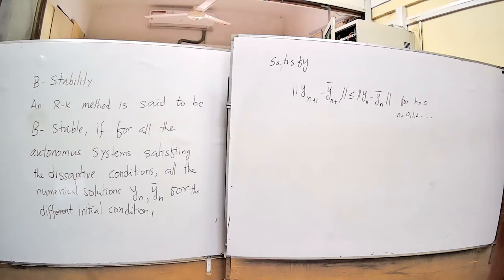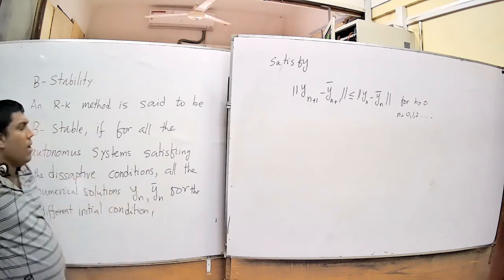When you apply the Runge-Kutta method, you will get two different sets of approximations. For initial value 1, capital Y is the original solution, so you will get an approximation y sub n. And for another initial value, in the dissipative condition, you have capital Y bar as the solution.